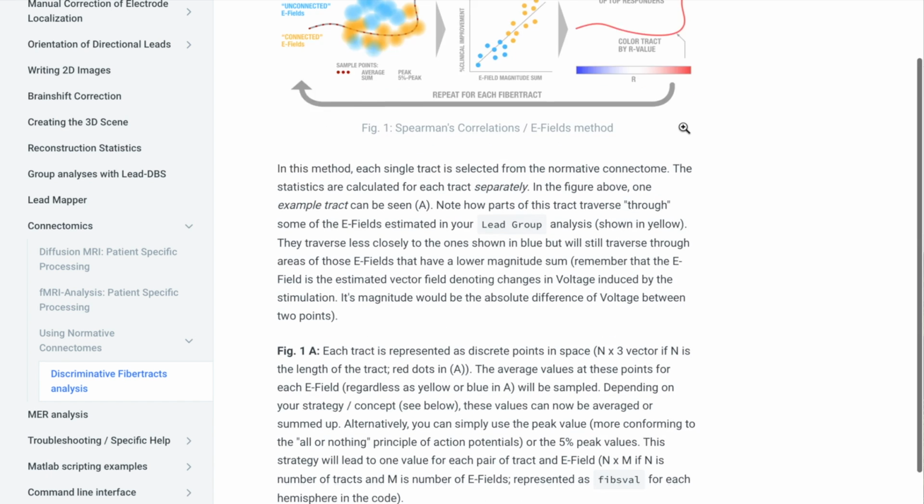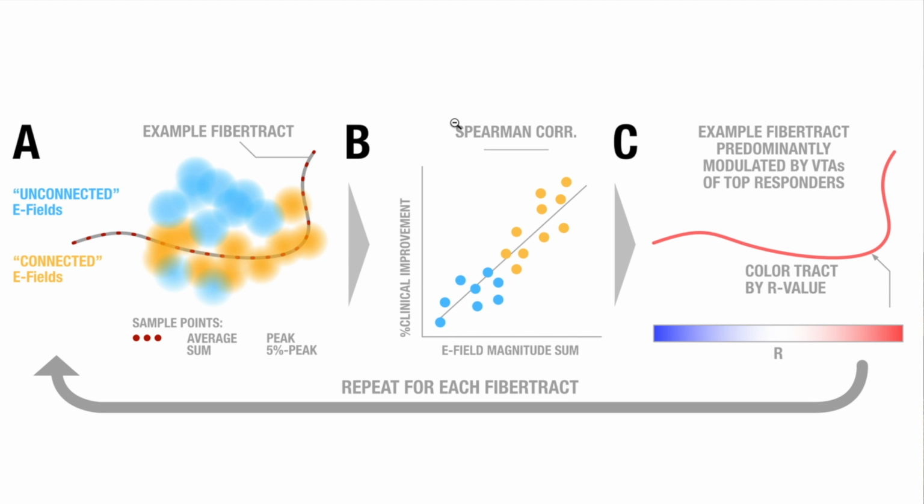In the other strategy, which is the Spearman's correlations or generalized correlations strategy, we do something pretty similar. We again have this tract, but now we have E fields instead of VTAs. These are not binary, they are not 1 or 0, but they are the electric field estimates, which have a high value in the center where the electrode is, and then the electric field magnitude vector fades out pretty quickly.